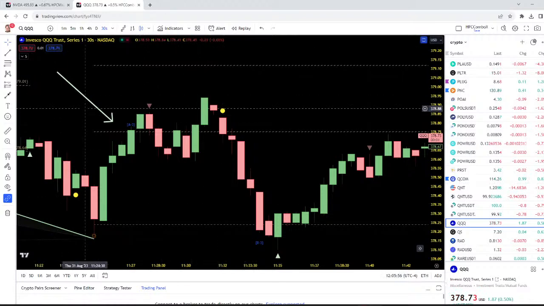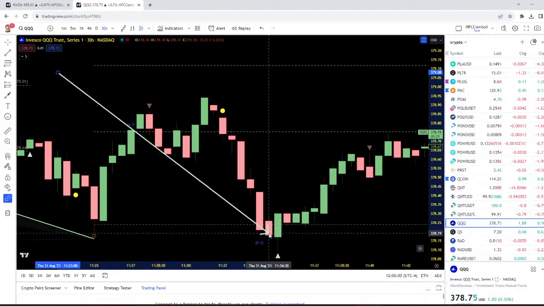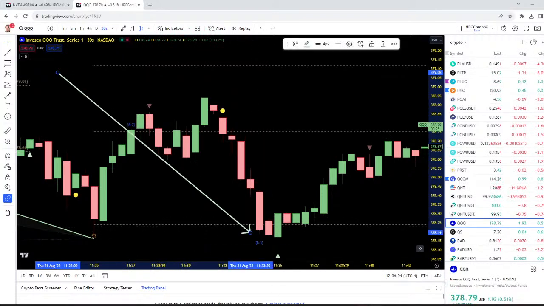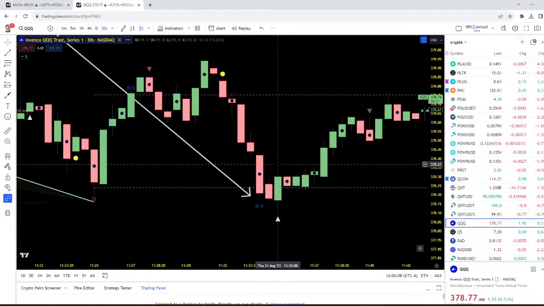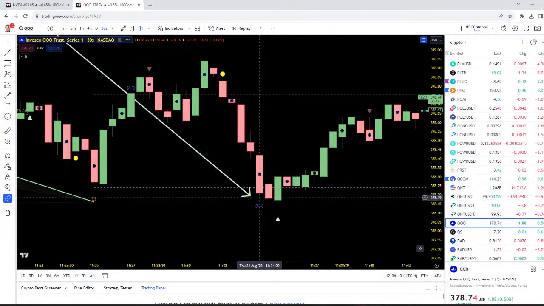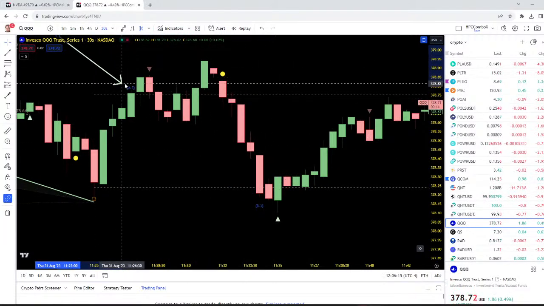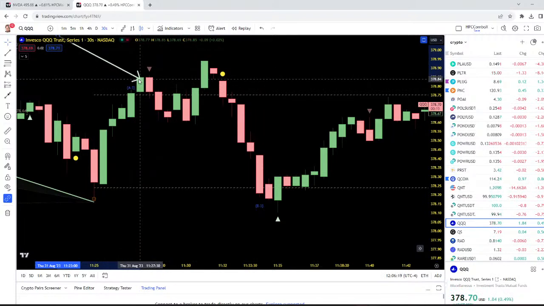Not only for target 1, but for the type 2 return and the type 2 reversal phase, which is this B3 indicator. All you really need to concern yourself with is look at the price bar where we're going to get the indicator, and then tell me what's happening to the right.